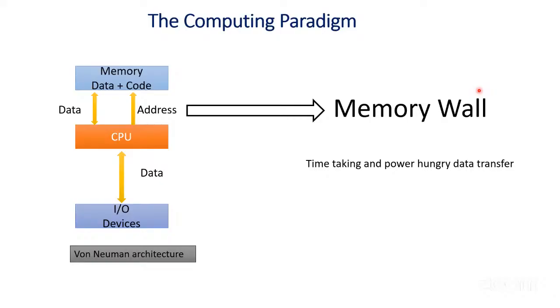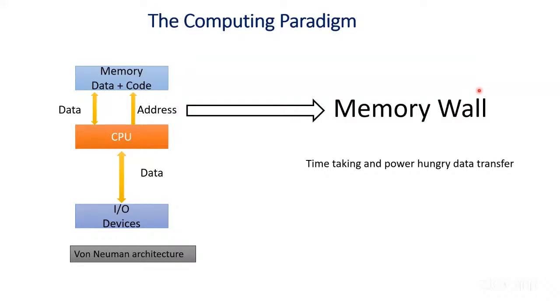are slow, and the data transfer that has to be done is quite power hungry. So you require power to transfer data from memory to CPU and then back to memory to store it. So this is what is actually plaguing our computer architecture. Because of this memory wall problem, we need to change.